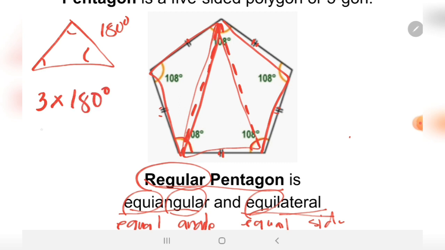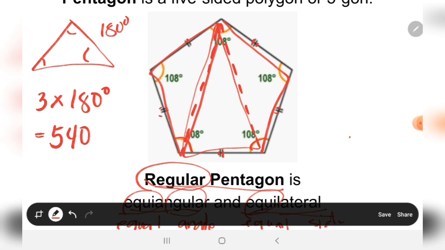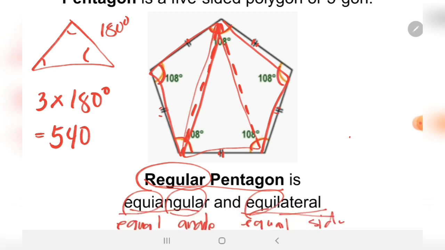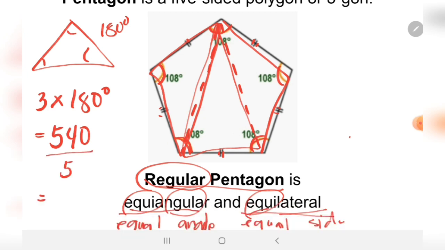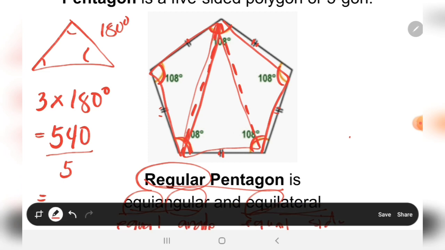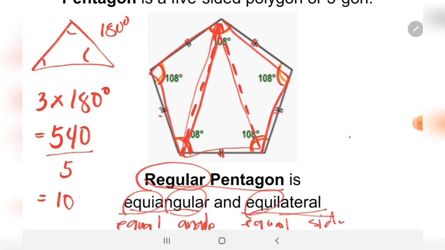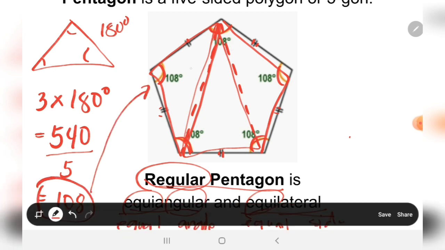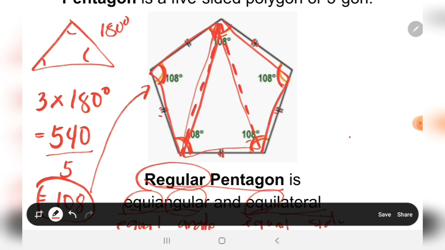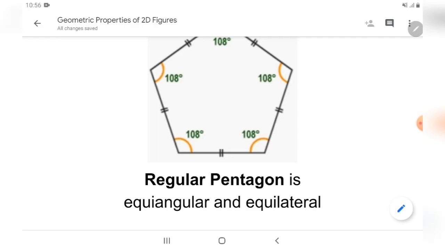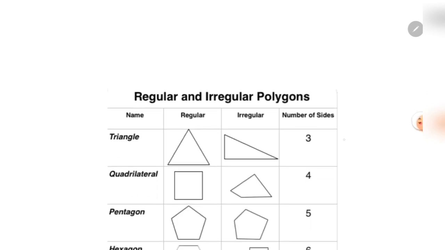That means that we have 3 triangles times 180 degrees, and that is equals to 540. Next, we know that in pentagon we have 5 angles. That means we're going to divide it by 5. 540 divided by 5 is equals to 108. That's why we have 108 degrees in every angle. Okay? Next.